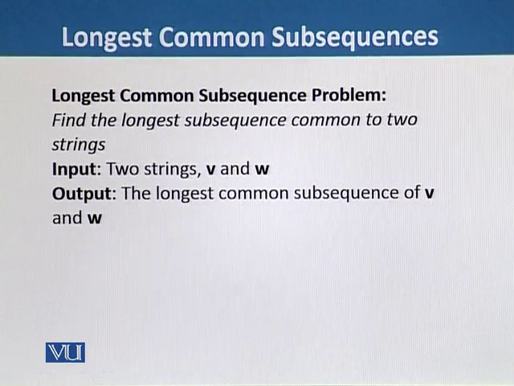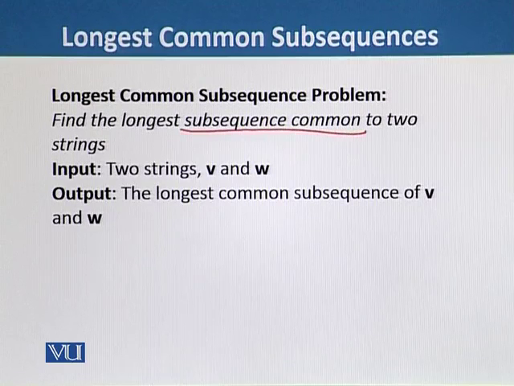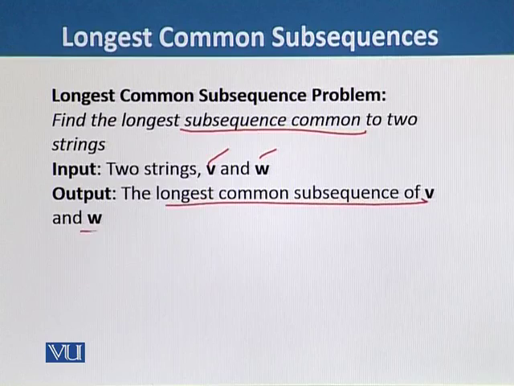So if we want to find the longest common subsequence, we need the input and the output. And for this purpose we need the common subsequence, as we have seen previously. So the input will be the 2 strings V and W, and the output will be the longest common subsequence of V and W.